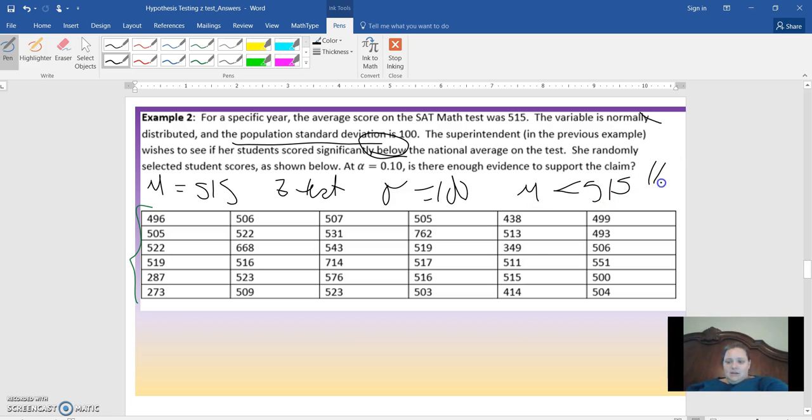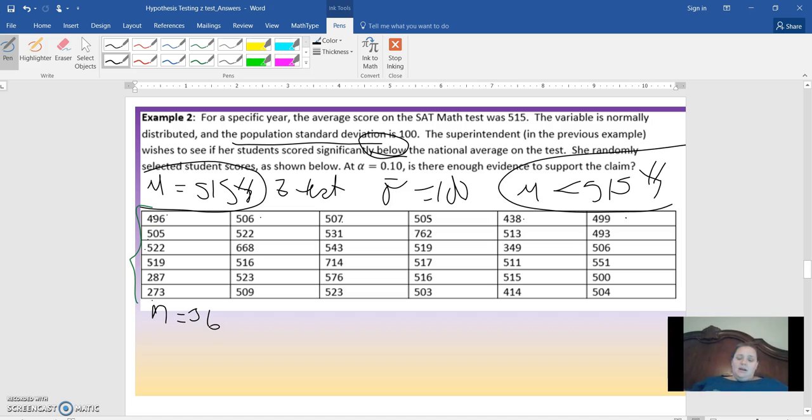Alright, so this is the alternative, H1. And this guy right here is the null. He randomly selects these students, and where alpha is 0.10, there are 1, 2, 3, 4, 5, 6. 1, 2, 6. So there are 36 total.